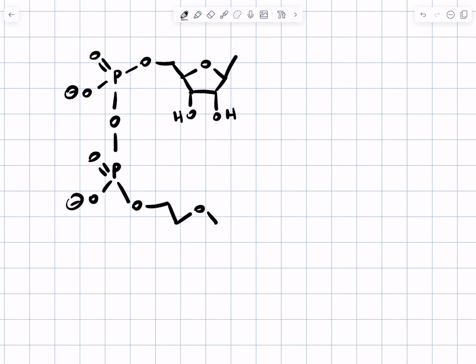If you've ever seen the structure of DNA before, it should look similar to that. The dinucleotide has to do with the fact that I have two of these sugar phosphate units linked together. If sugar and phosphate don't mean anything to you, that's okay. This is a 5-membered ring sugar called ribose that you'll learn about in 352, and this is a phosphoanhydride linkage between the two sugars.